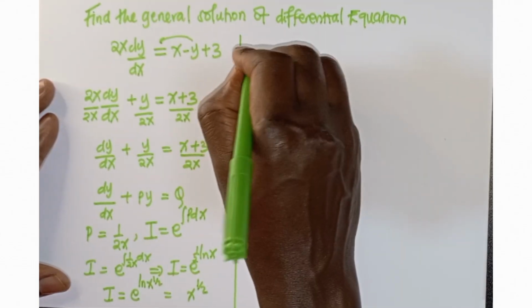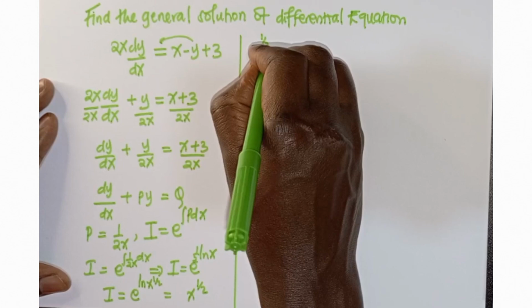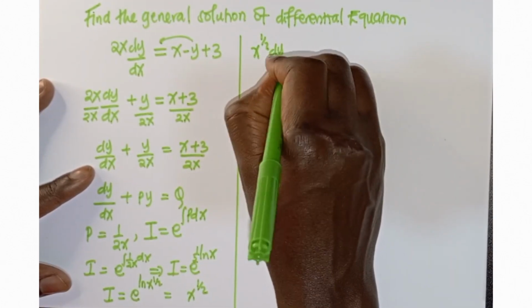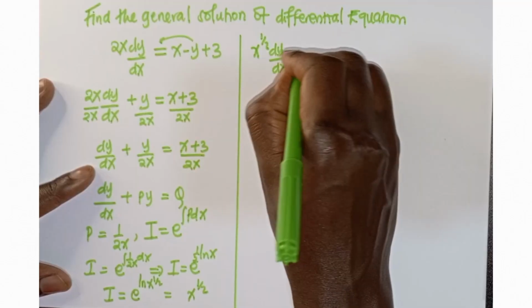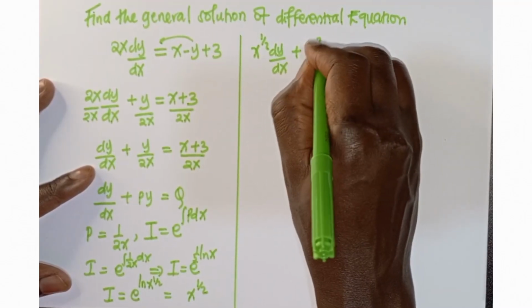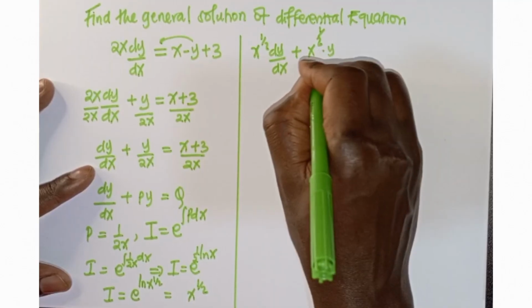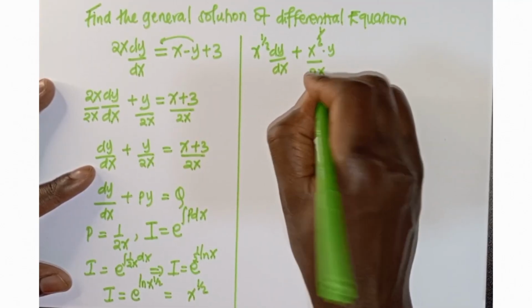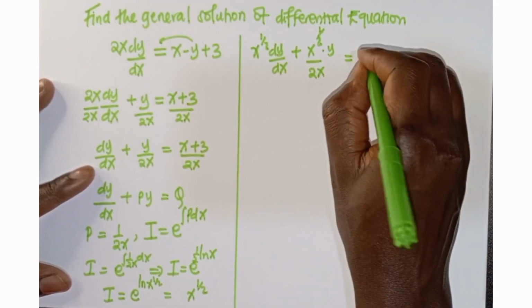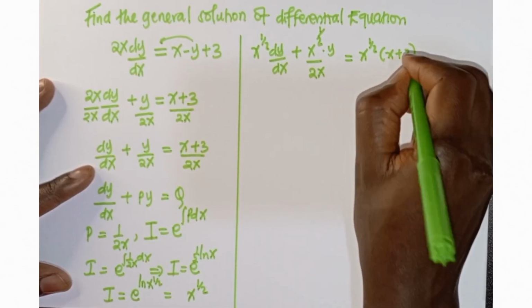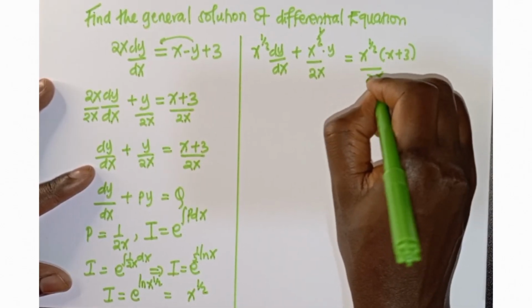So we shall have x to power half. Multiplying it here, we shall have dy by dx plus x to power half times y over 2x then is equal to x to power half into x plus 3 out of 2x.